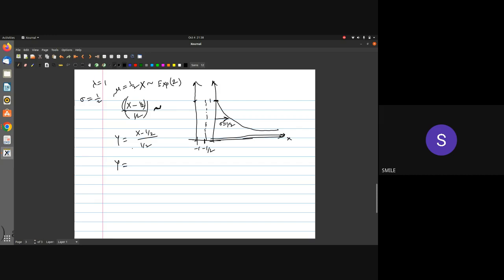Obviously it is shifting to the left, but apart from that, I'm not able to see any change. Okay, so this will become 2 times x minus 1 by 2, right? Yes, correct. So this will become 2x minus 1.